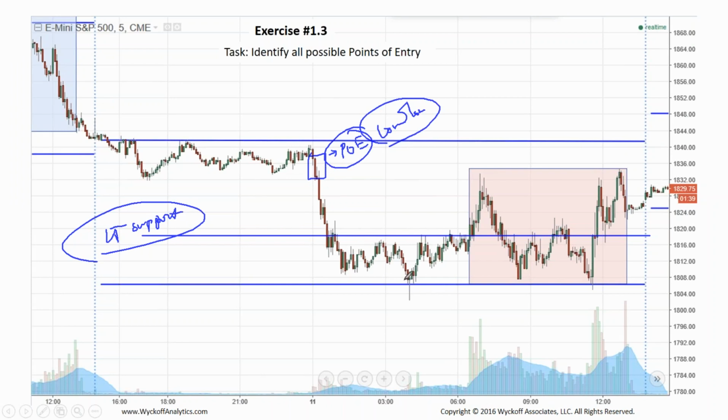We see that the boundaries were created by this action here and this action right here, coming in at 6:30. We just had this move to the touch of the support. So basically all of it is just support level, just a huge big support level right here. And we're coming out of that.